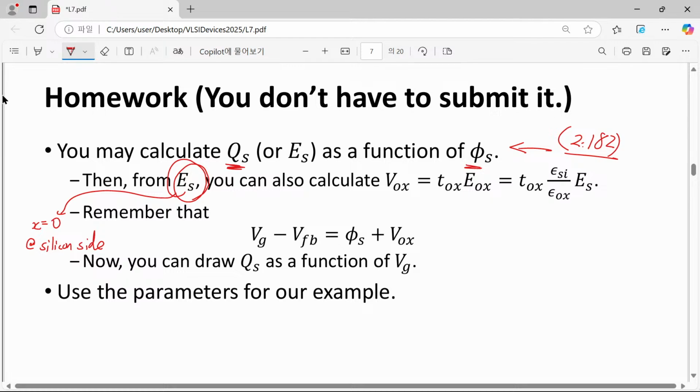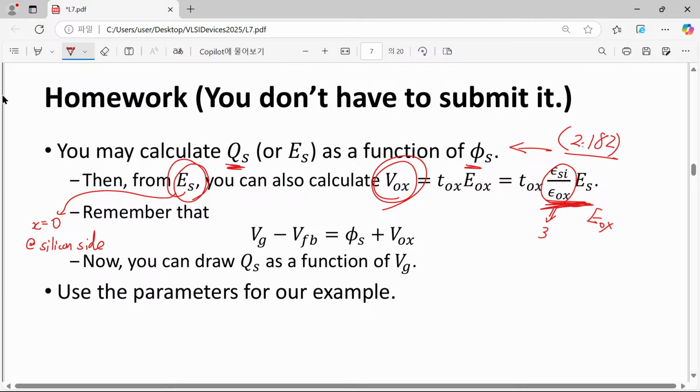So just multiply by 3, then you will have the oxide field. And when you have the oxide field, by multiplying the thickness of this oxide layer, T-ox, you will get the voltage applied to your oxide layer.